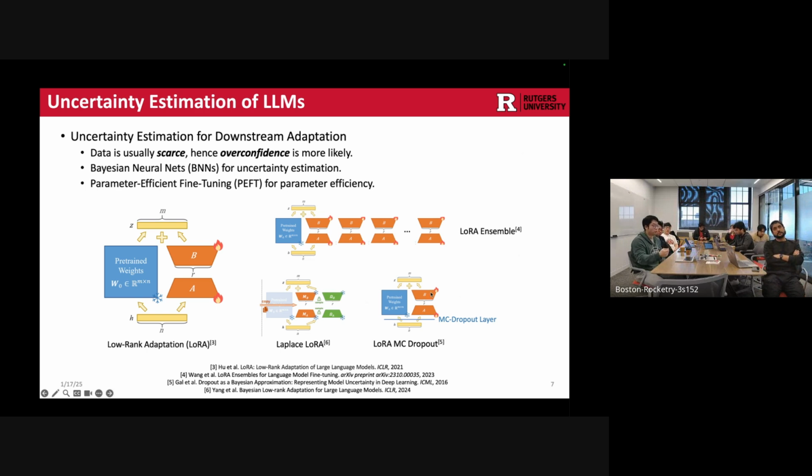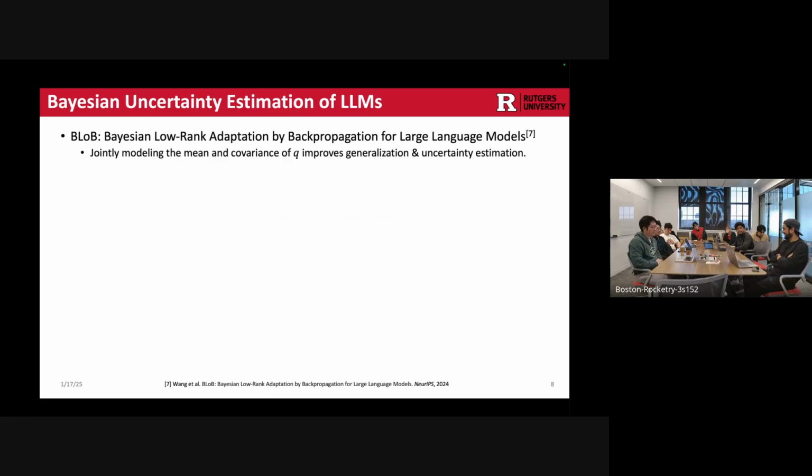And LoRa MC dropout just doesn't empirically work well. It's usually the weakest baseline that we have. Always. Yes, exactly. So what about jointly learning the mean and the variance during the fine-tuning? What will that do to the uncertainty estimation in this case?